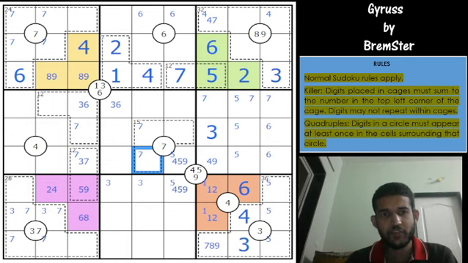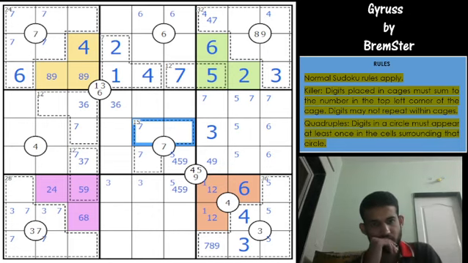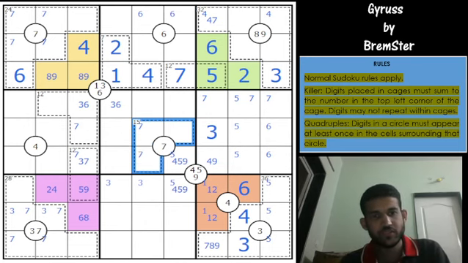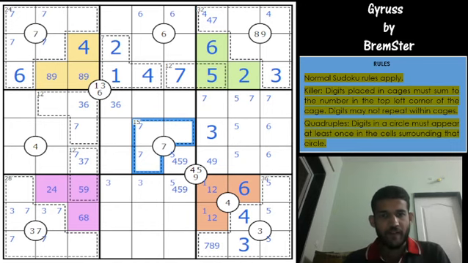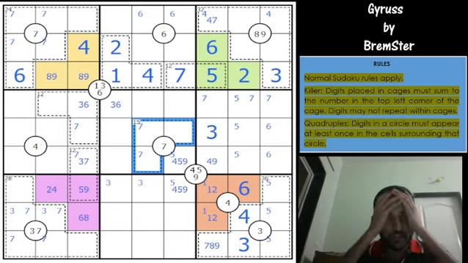A 3 could very well be here and a 5 could be here, or it could be a 2-6. 7-2-6, I mean. It could be a 7-3-5 or it could be a 7-2-6. Okay, very sticky point in the Sudoku. Let's see what is the thing that is to be found here.